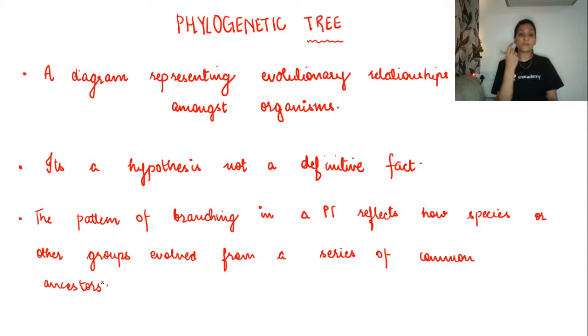This is what our phylogenetic tree tells us. Pattern of branching: where they are branching, where they are converging, where they are common. All these things we can make out from a phylogenetic tree.